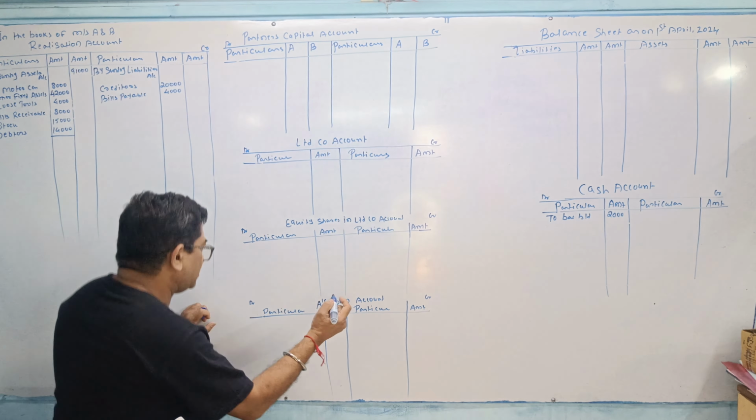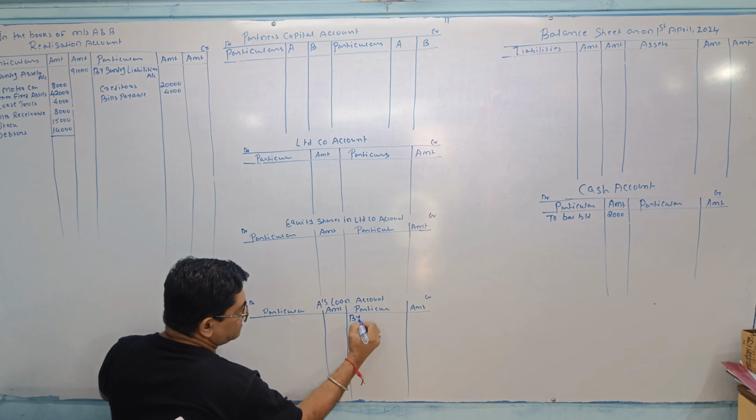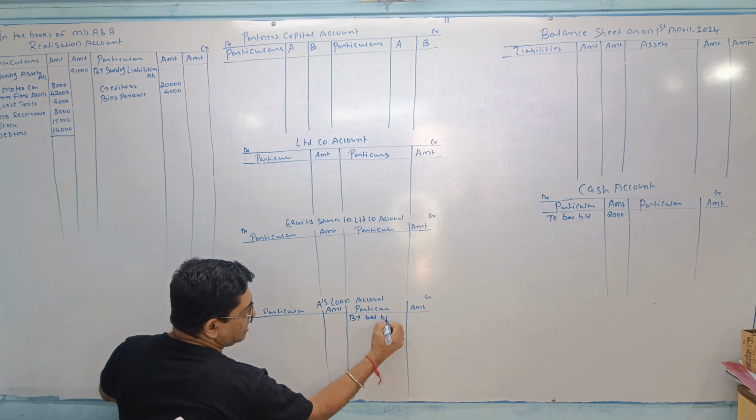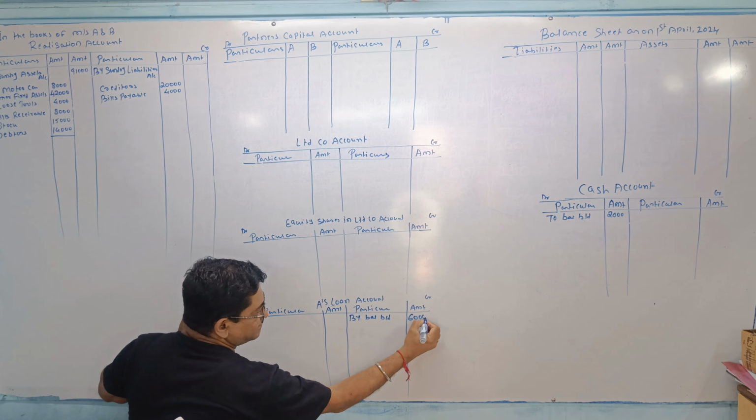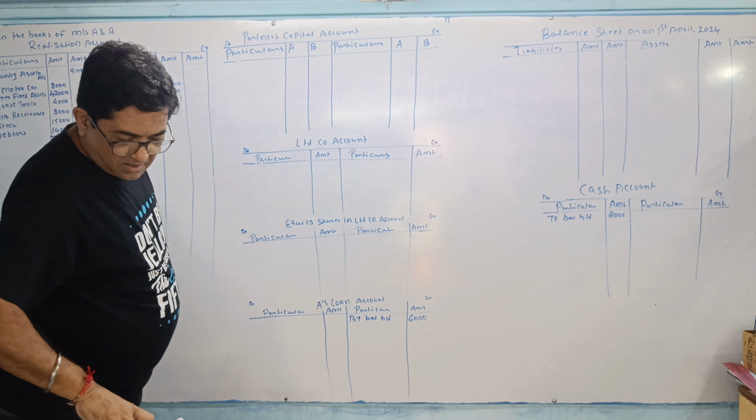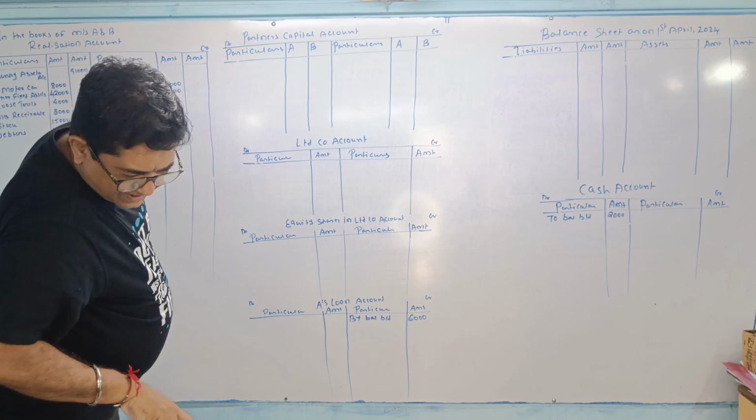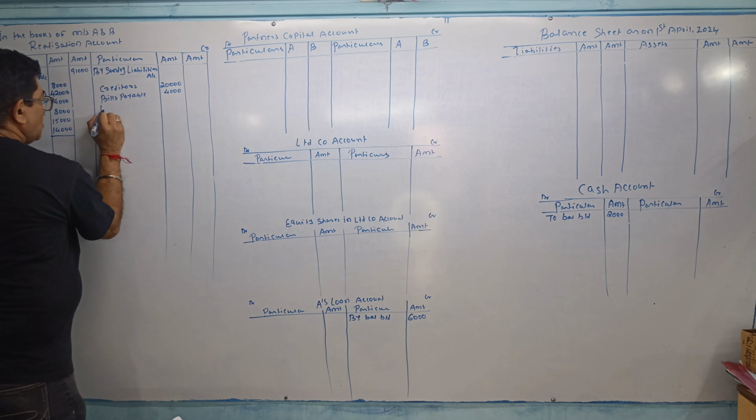So A loan account by balance brought down 6,000. Liability for repairs 4,000.